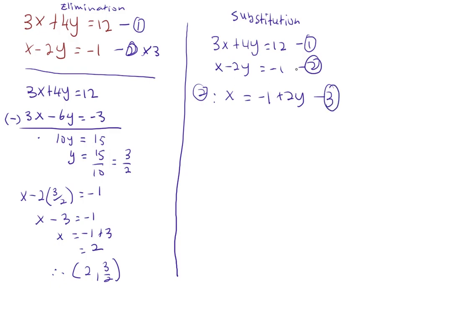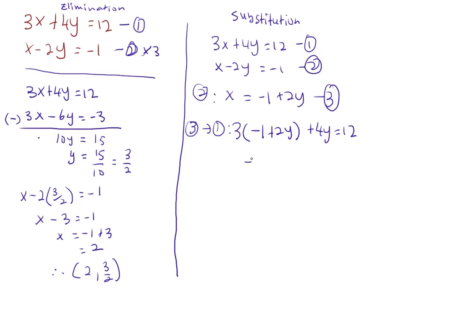Since we used the second equation, we have a new equation called equation number 3. By taking the new equation 3 and substituting into equation number 1, x is now negative 1 plus 2y. Substituting into equation number 1, our x has become negative 1 plus 2y, so 3 times negative 1 plus 2y, plus 4y equals 12.